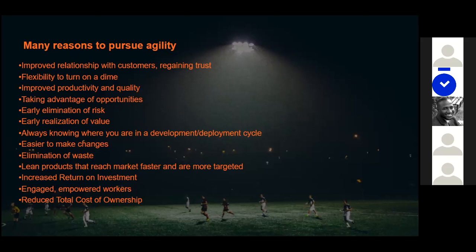Whether we like it or not, the COVID-19 pandemic brought a lot of opportunities. Now it is easier to start a business online. You don't need to go rent a shop. You don't need to go rent a building to start a business right now.